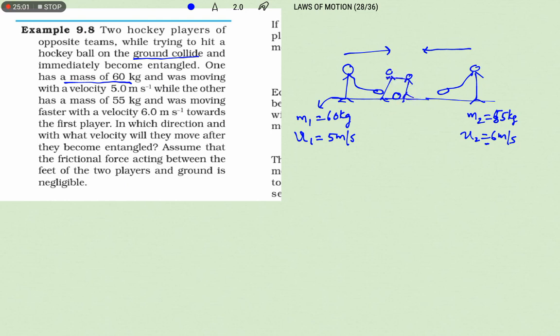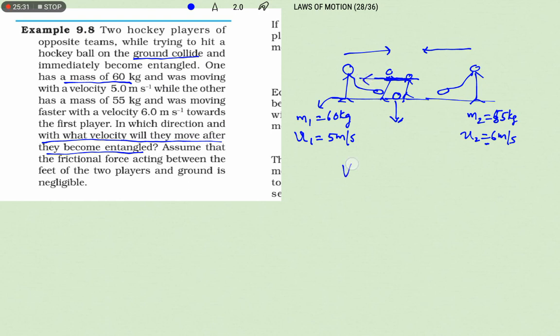So after they become entangled, in which direction and with what velocity will they move? When they come into physical contact, both are moving together. This is also an example of collision, but what kind of collision? Perfectly inelastic collision. They are moving together for some time after the collision.